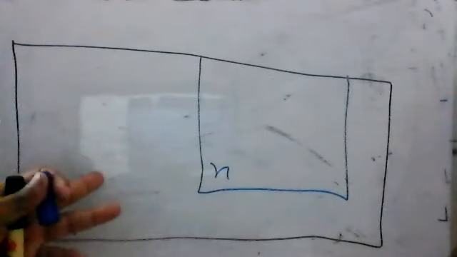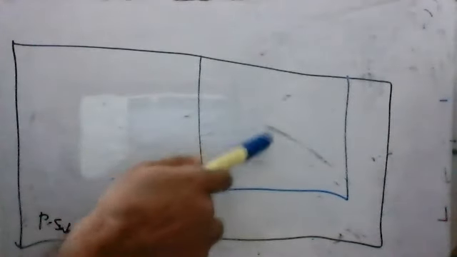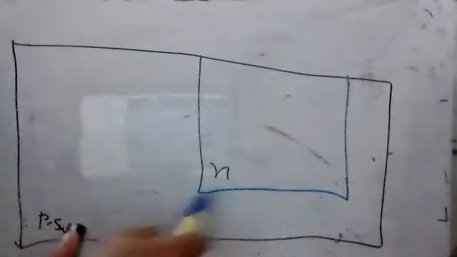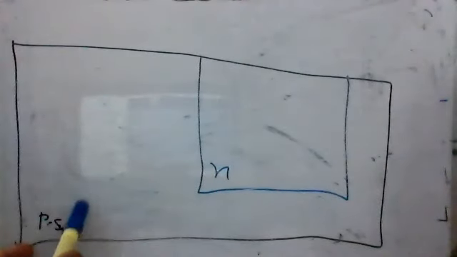So inside the P-type substrate, we inject N-type material, phosphorus or arsenic. We add phosphorus or arsenic here, so this whole area will be N-type, and this area will still remain P-type.